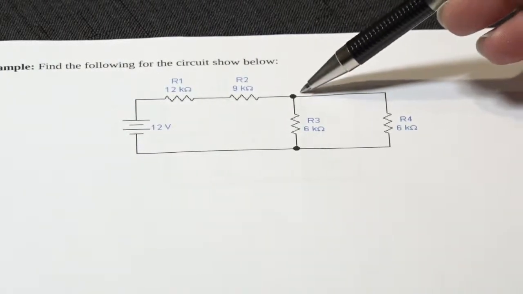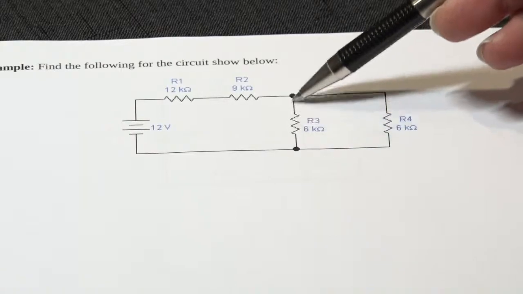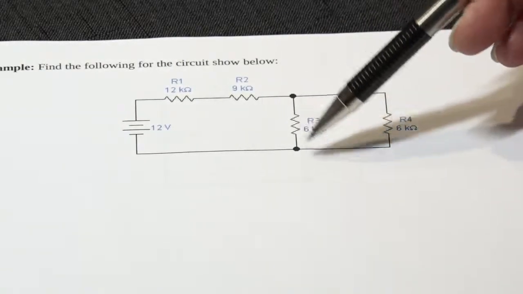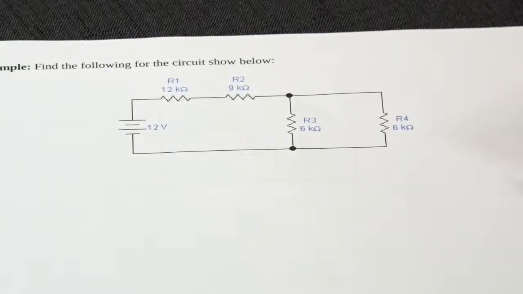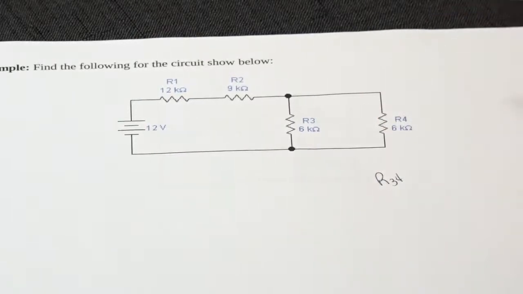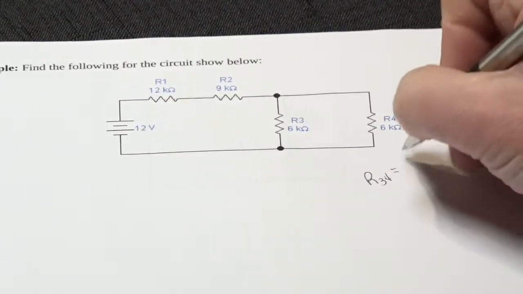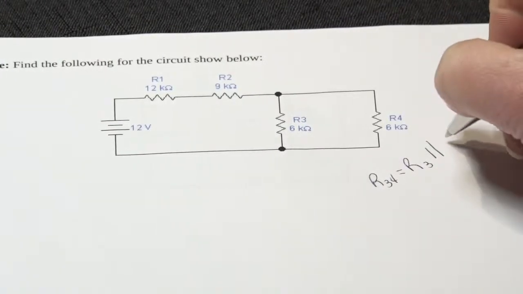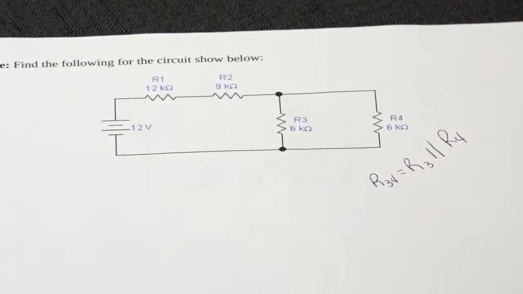So we can see that that is directly in parallel, so they share the same voltage. There's no resistors here. We're good. So we would say the R3-4 combination is going to be equal to R3 in parallel with R4.